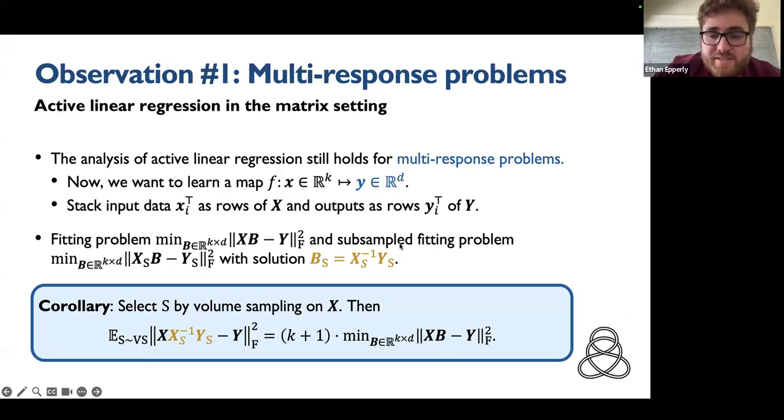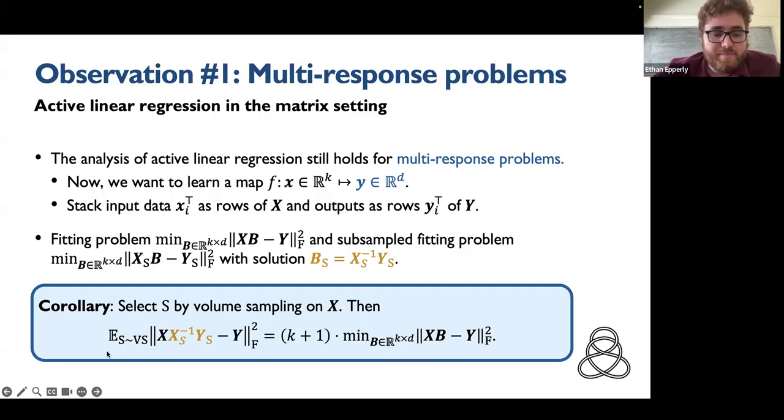And if I subsample down to S rows, I get a subsampled fitting problem with solution B_S equal to X_S inverse Y_S. And now we just apply the Dereziński-Warmuth analysis of active linear regression column by column and use linearity of expectation.